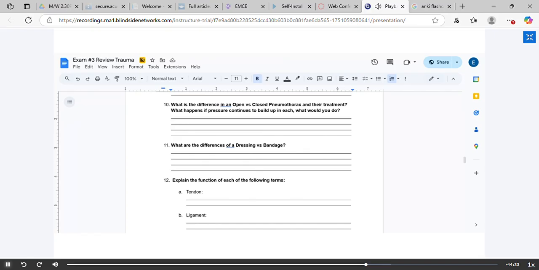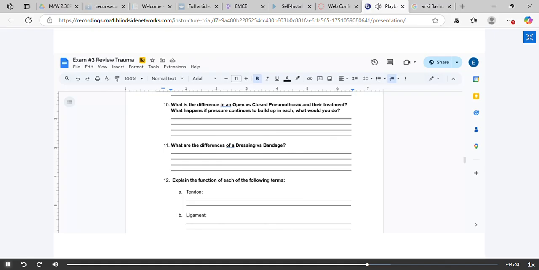Okay. What are the differences in a dressing versus a bandage? So a dressing is going to be the sterile stuff, or gauze or things that you place against the patient's skin up against the actual injury, and then a bandage is what keeps the dressing in place.